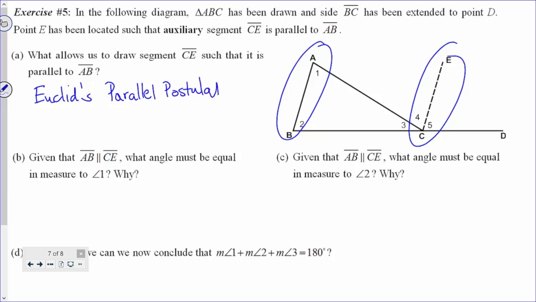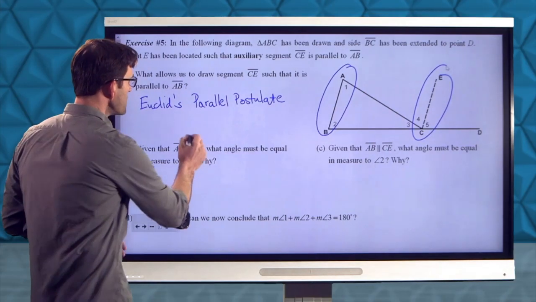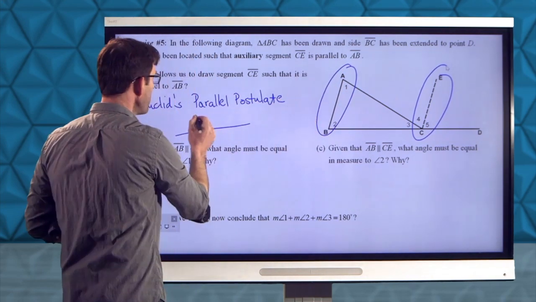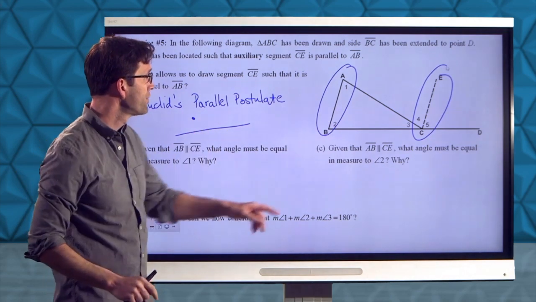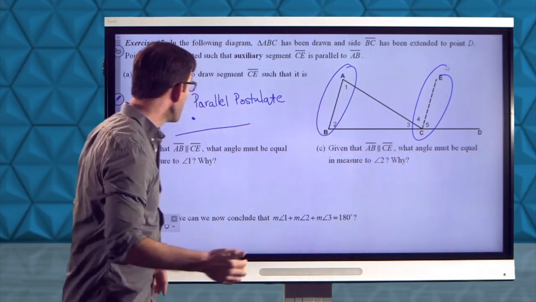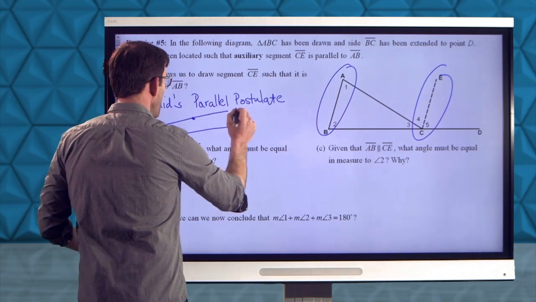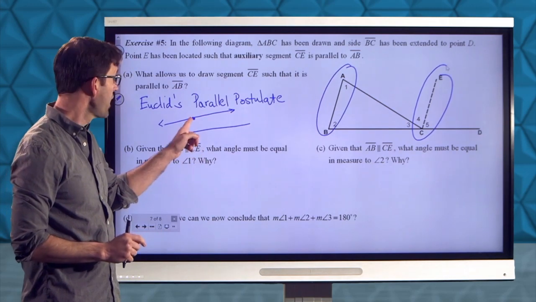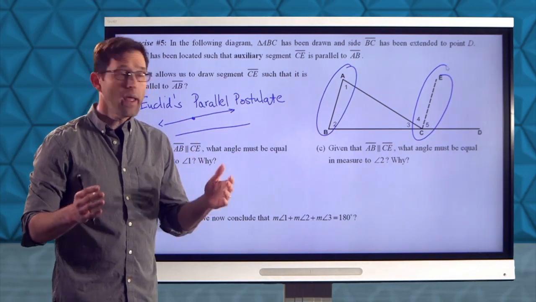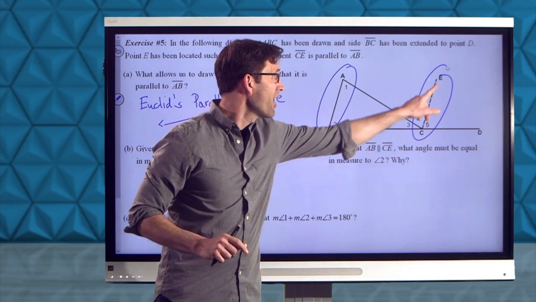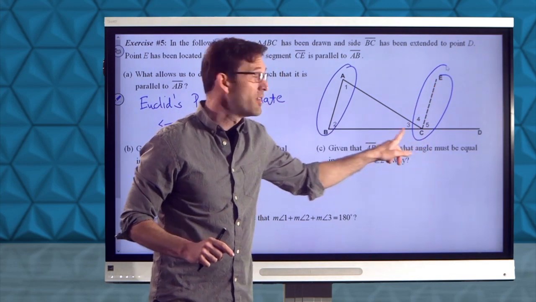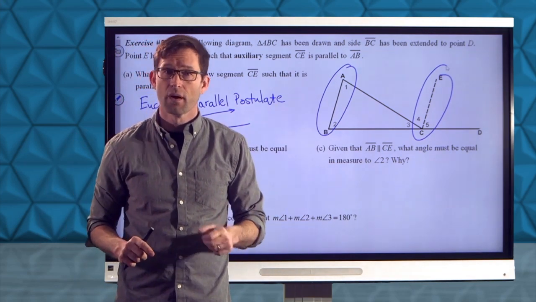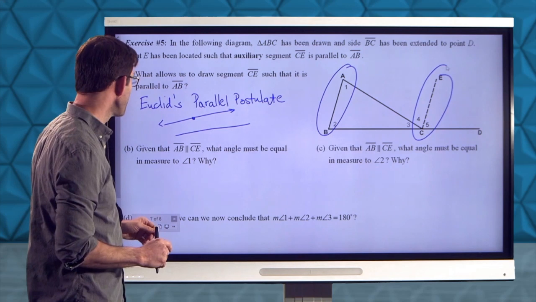All right, and what Euclid's parallel postulate says is if I've got a line, like AB, and I've got a point not on the line, like C, then there is one line, and only one line, that can be drawn through it that is parallel to this and passes through that point. So I have permission at any point to draw a line parallel through a point that doesn't lie on that line. Okay, Euclid's parallel postulate. All right, we've actually used it a fair amount already in this course.